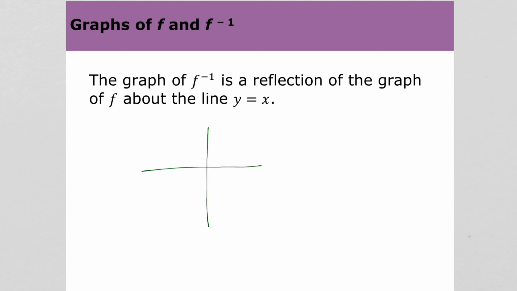So, for example, if we have y equals x graphed, and your original function looked like, oh, that's not a function, like this. Let's say it looked like that. Then its inverse would, all those points would be reflected to look like that.